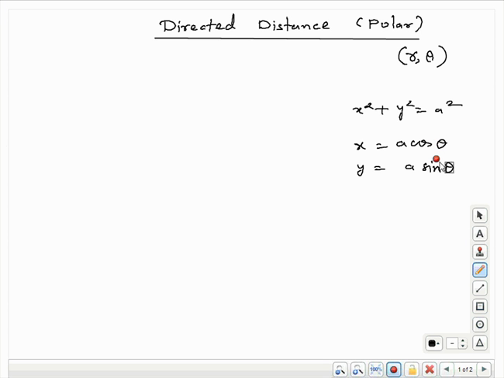However, when we talk into further depth as far as polar system is concerned, r theta system is concerned, then we have the concept of directed distance. I am coming to the problem of the previous class. I am laying down some background for that.